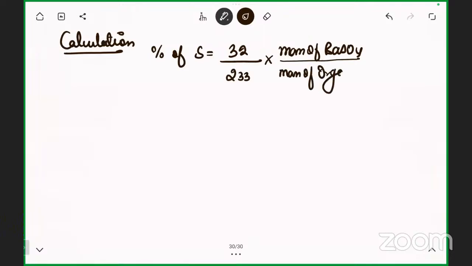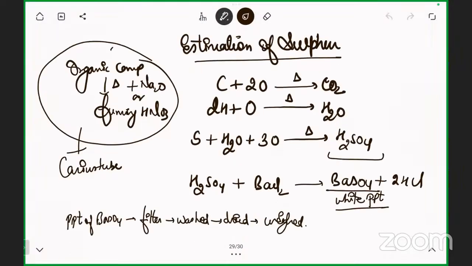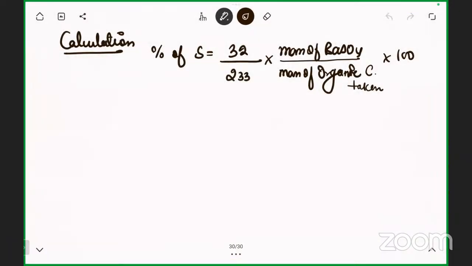In the starting I told you that you have to take a known amount of organic compound. So the mass of organic compound taken, into 100, is from here. So this is the formula: 32 upon 233 into mass of BaSO4, divided by the mass of organic compound taken, into 100. So let's discuss a numerical. Till now, any problem? Getting my point or not?